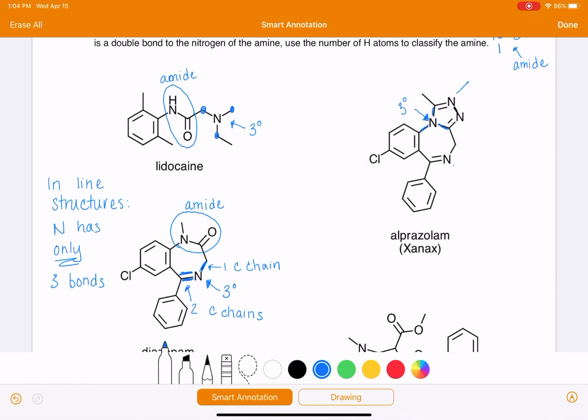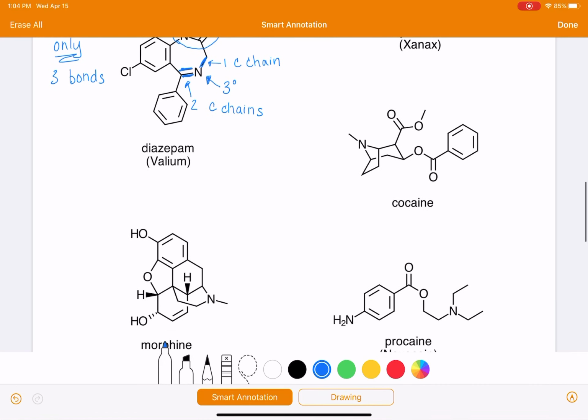So this nitrogen has 1 carbon chain, 2 carbon chains, 3 carbon chains, so it's also tertiary. This nitrogen, same thing, it has 1, 2, 3 carbon chains, so it's tertiary. And this last nitrogen, 1, 2, 3 carbon chains, it is also tertiary. Lots of tertiary amines.